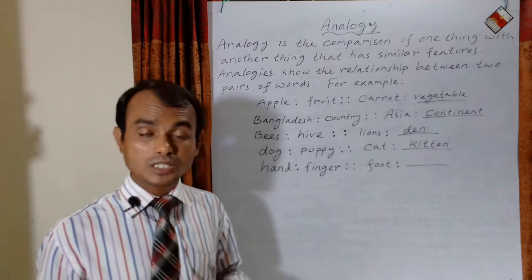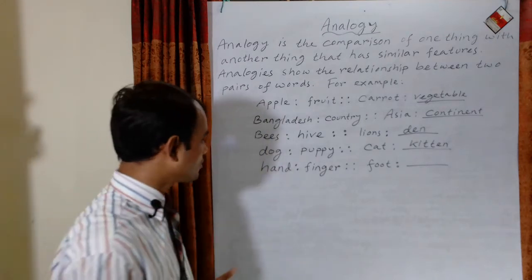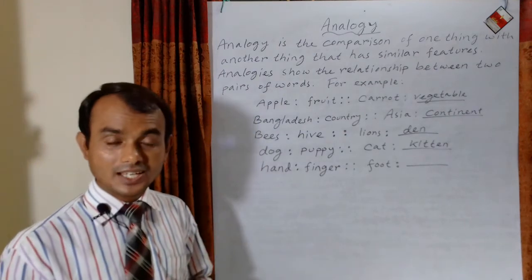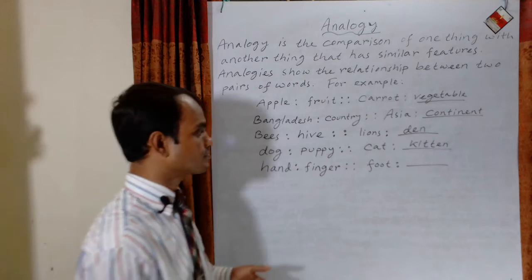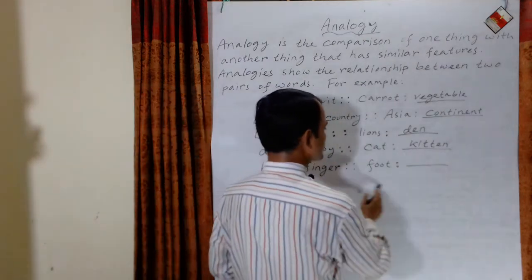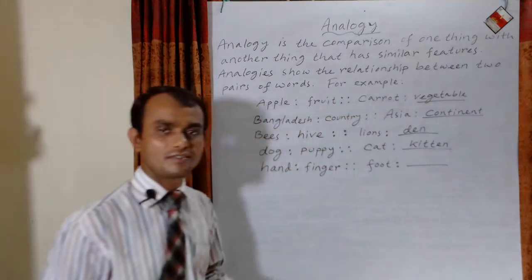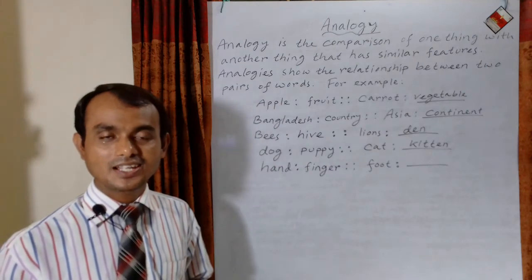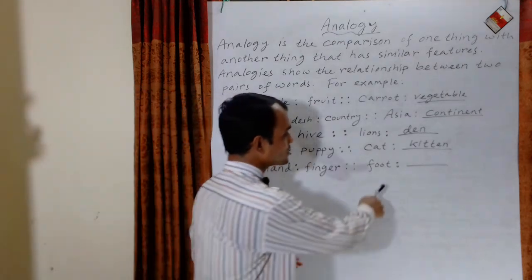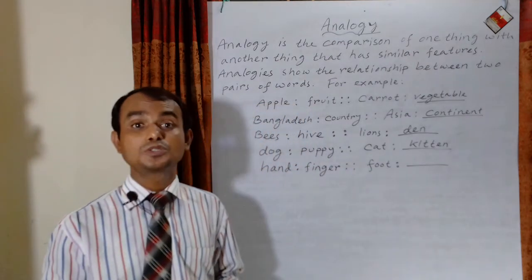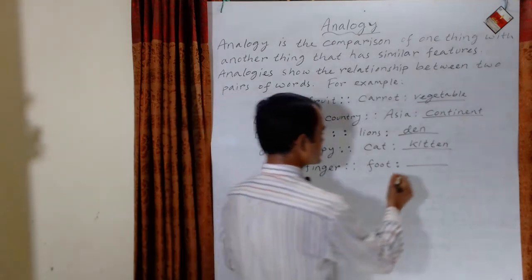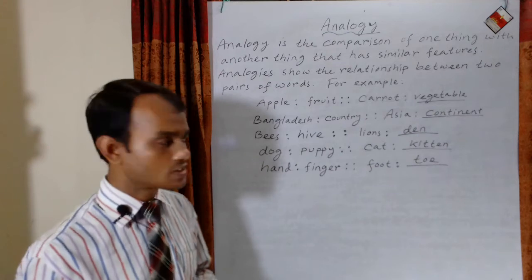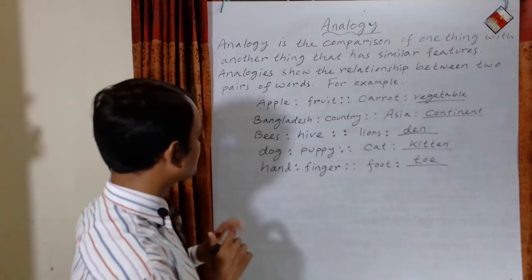Finger is a part of the hand. What is the part of the foot? Toe. Toe is the part of the foot. This is the completed analogy.